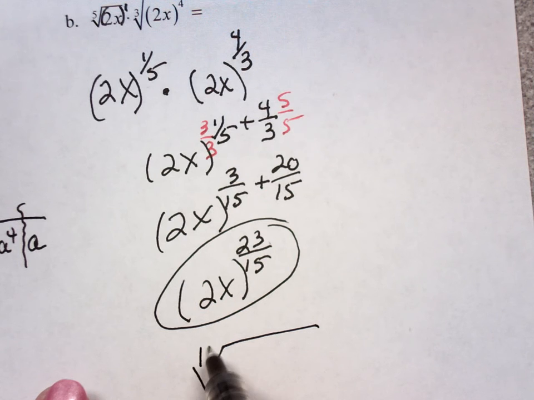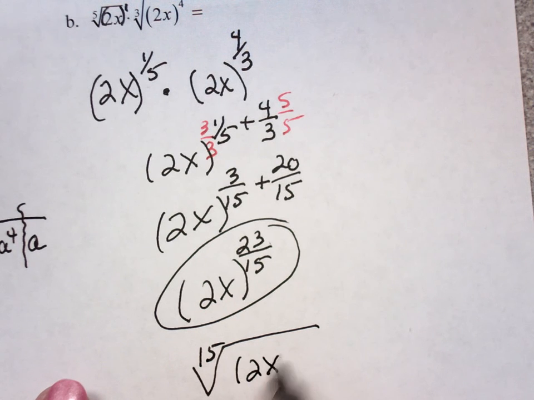Okay. So what is this? This is the 15th root of 2x to the 23rd.